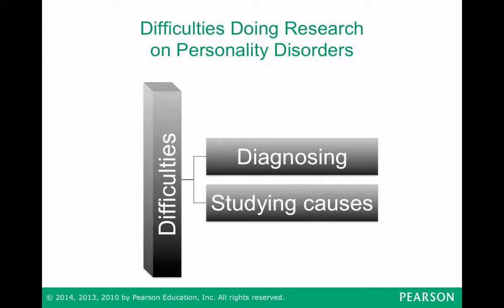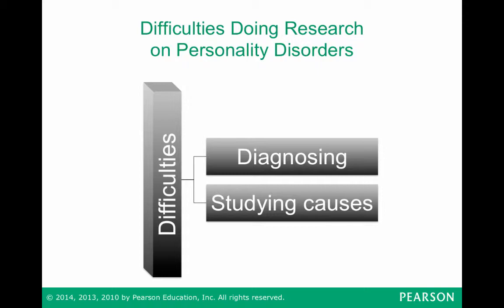Now, there's a lot of difficulty when we try to do research on personality disorders. There's trouble diagnosing because many times these are comorbid diagnoses. There may be other things going on, and it's hard to untangle that and sort out what exactly is going on with the person. And then studying the causes, because usually we don't see it coming on.